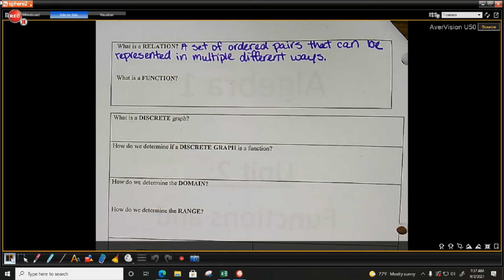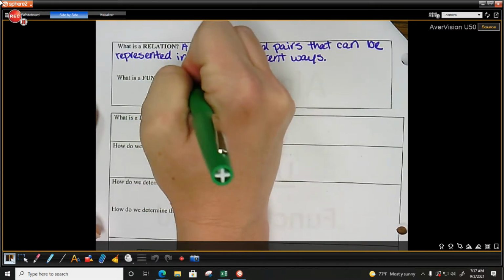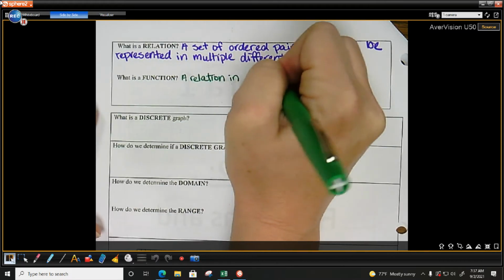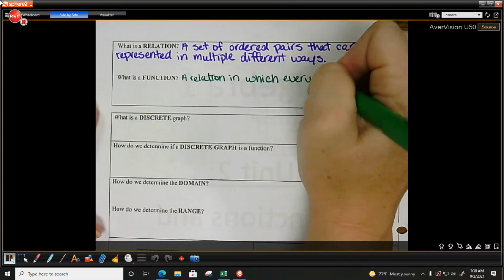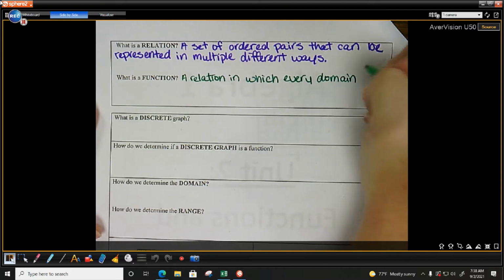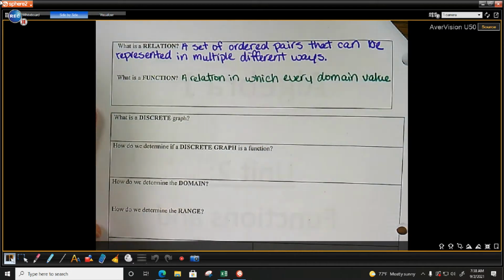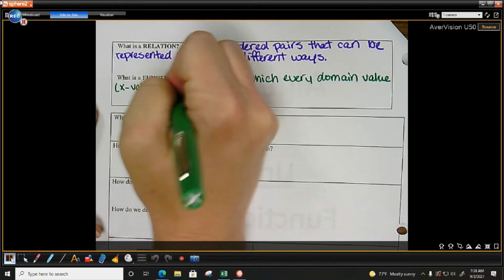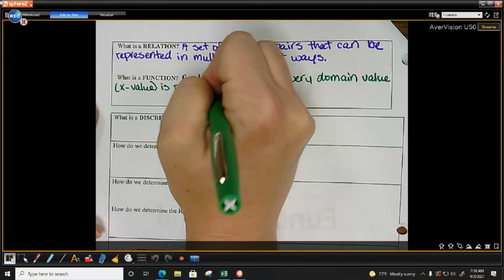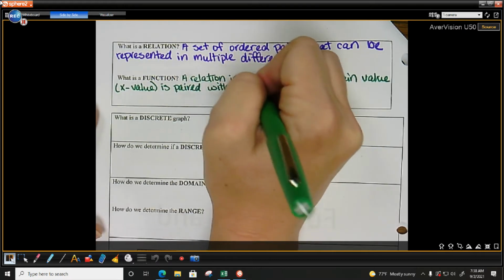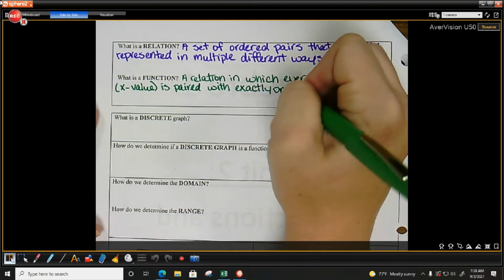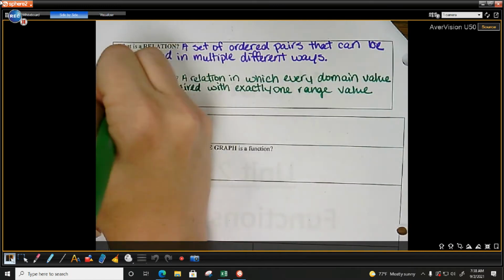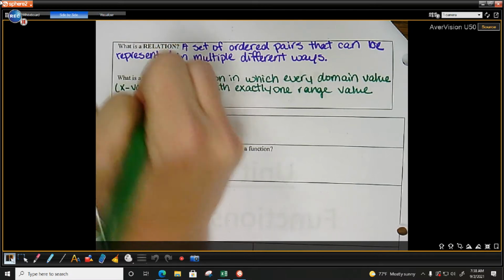What doesn't matter. Okay, a function is a relation in which every domain value, which are your x values, is paired with exactly one range value, which are your y values.